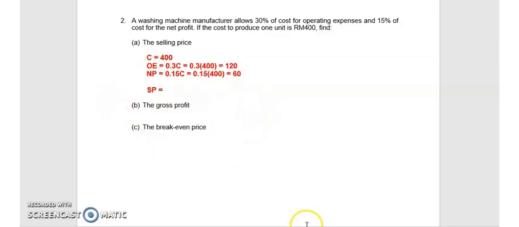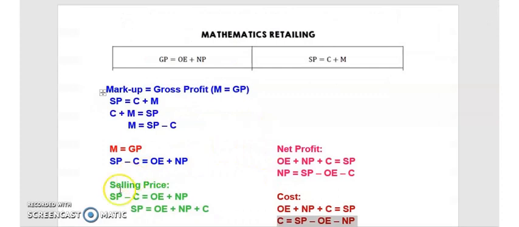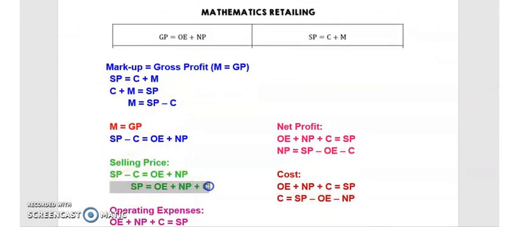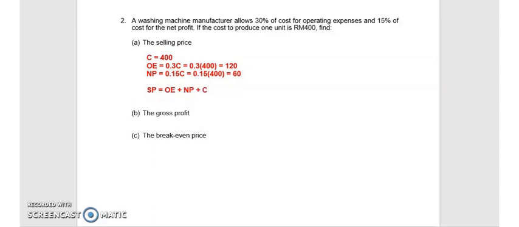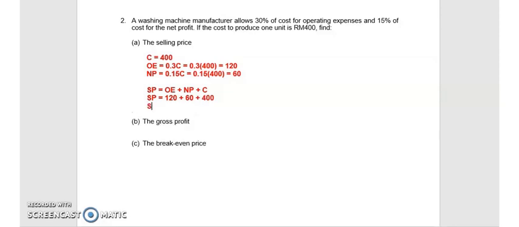So what is the formula for selling price just now? Selling price equal to OE plus NP plus C. OE is 120 plus net profit 60 plus cost is 400. So selling price here will be RM 580 ringgit.